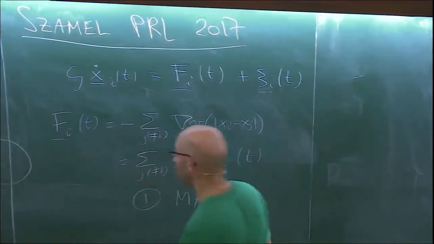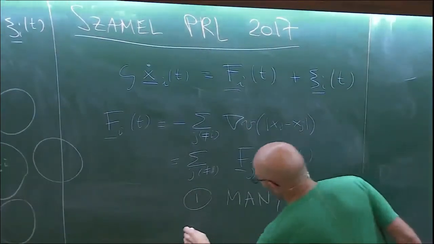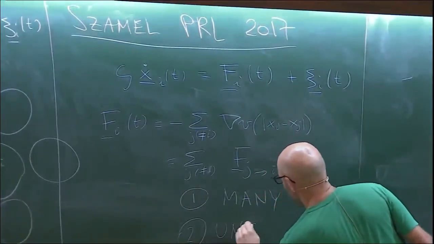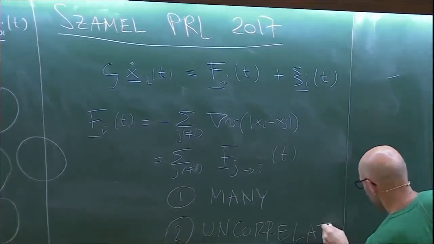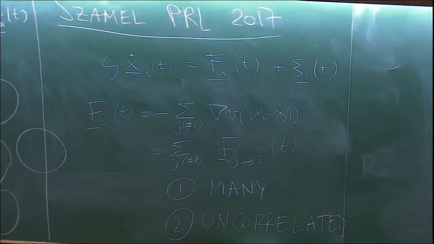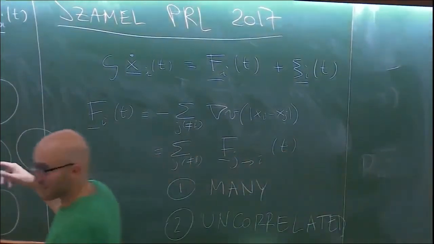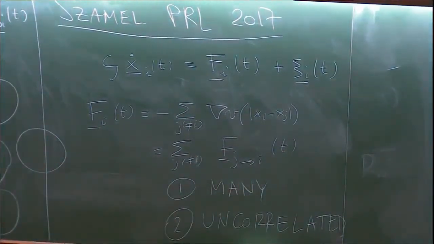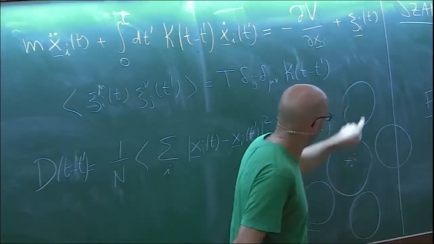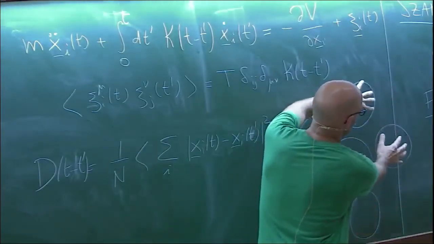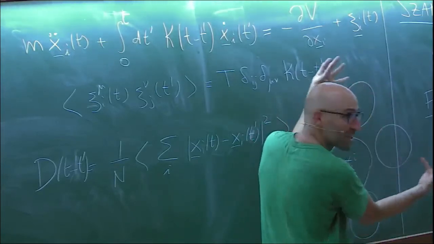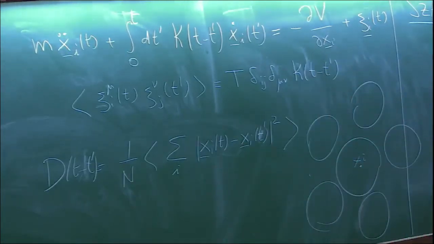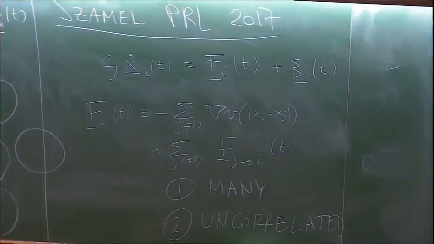I'm also going to use that they are essentially uncorrelated, which is the same assumption I made in the thermodynamics to drop all the virial coefficients except the first one. I will use the fact that two particles that are neighbors of the same particle are not interacting directly, so they are essentially uncorrelated.